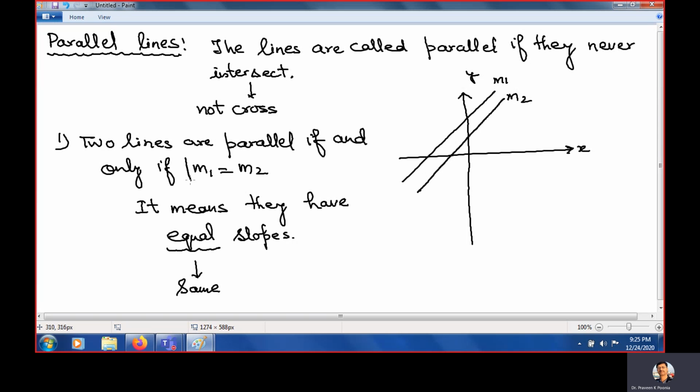So m1 is equal to m2, m1 and m2 are the same. So if two equations have the same slope, we call them parallel, or two lines are parallel if they have the same slope. So it is both ways.